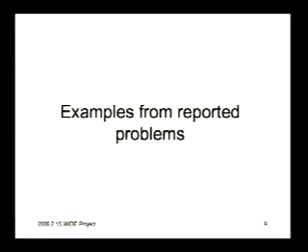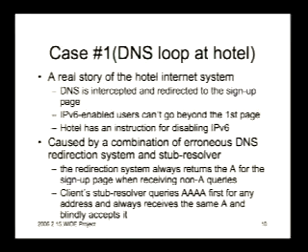Here I show you two examples. Case one is the DNS loop at a hotel. As I talked about before, it is a real story. We went to the same room and investigated the problem.